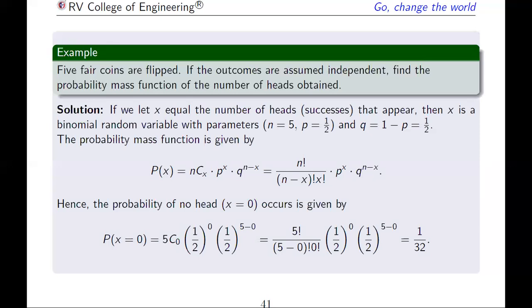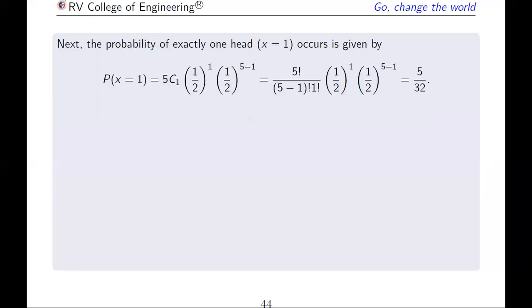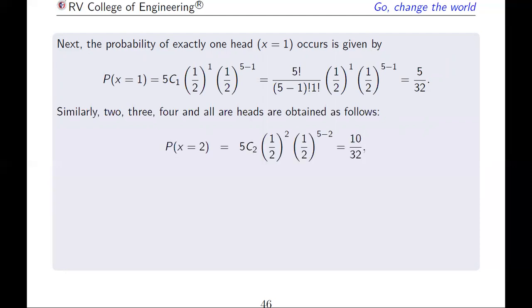And we see that the result is 1 over 32. Next, the probability of exactly one head can be obtained using x equal to 1, which gives 5 over 32. Similarly, 2, 3, 4, and 5 heads are obtained as follows.